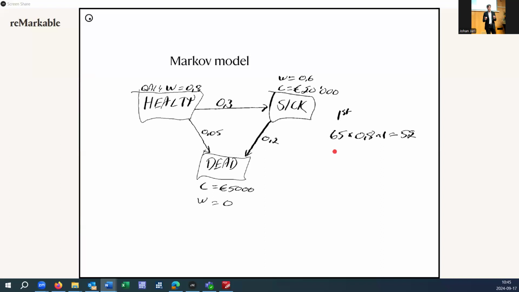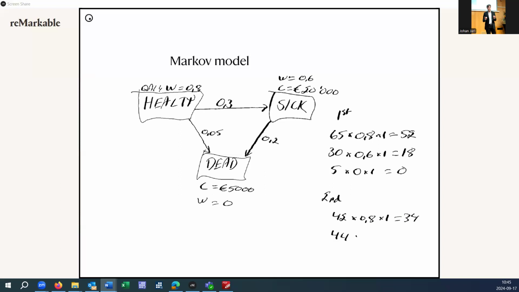In the sick, we have 30 individuals in a health state of 0.6 times 1 gives us a total of 18 QoLs. The dead health state, we have 5 individuals, but with 0 weight, gives us 0 QoLs. In the second cycle, the equivalent numbers are 42 times 0.8 gives us 34 QoLs.